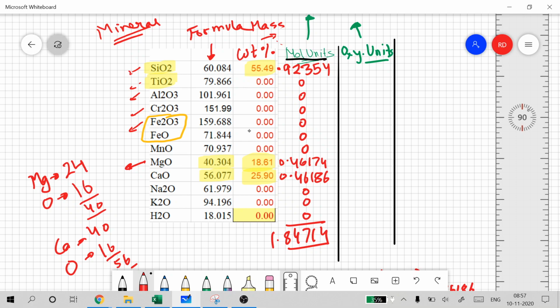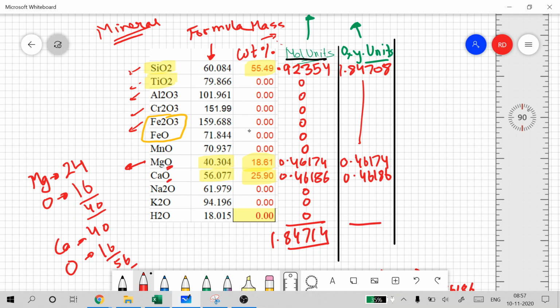1.84708. Oh, correct. Then these will all be 0. Then for this one, it will be same as moles. Yes, exactly. And similarly for this one, it will be same, because the number of oxygen is only 1 here, so you will multiply with 1.